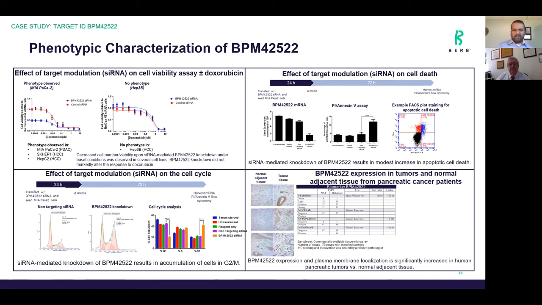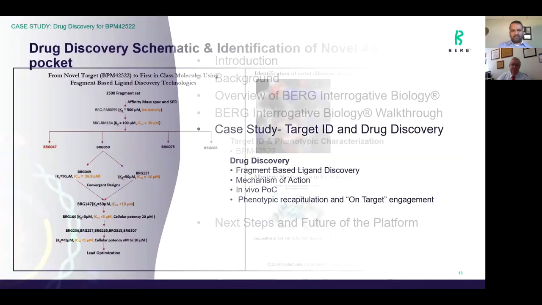Also, when we ran some preliminary studies with human tissue arrays, we saw an upregulation of the target expression, especially in the membrane of certain pancreatic tumors, which is significant compared to normal adjacent tissue. So overall, the target has a function, the target has a phenotype, the target is also expressed differentially in human tumors. And so we prioritized this target for drug discovery.